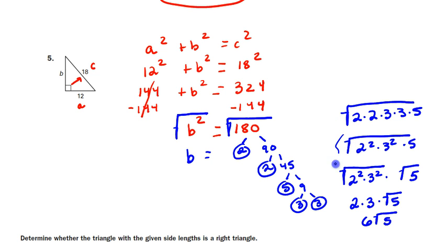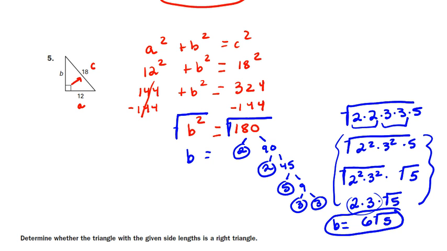Now, I usually don't have to write all of this. You can find the pairs, multiply them, and end up with 6 square root of 5. So b equals 6 square root of 5, and that would be the answer in its simplest form.